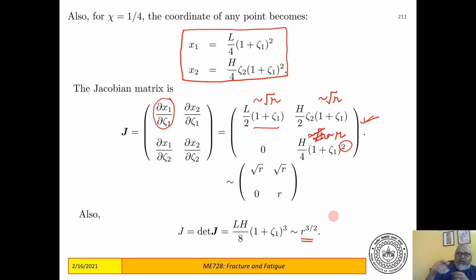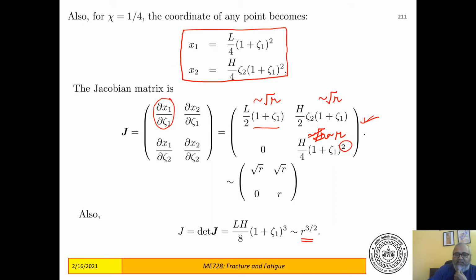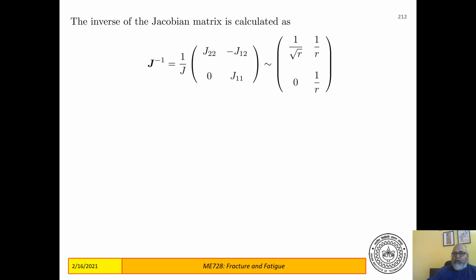Now with this, let us see how the strains are approximated. To see how the strains are approximated, we first need to see how the displacements are approximated, and then the physical strains are calculated in terms of the inverse of the Jacobian. If you invert this Jacobian, again you have the root r terms, and the inverse would go like this.